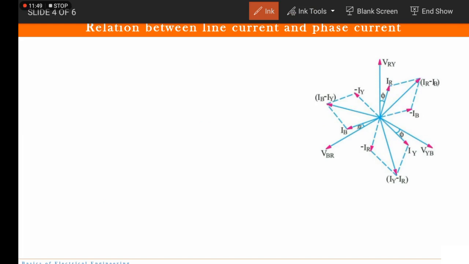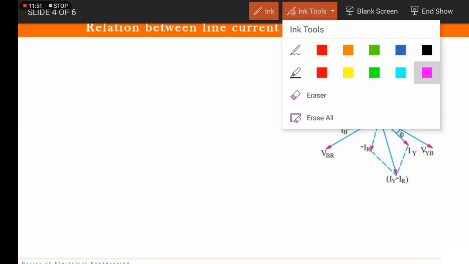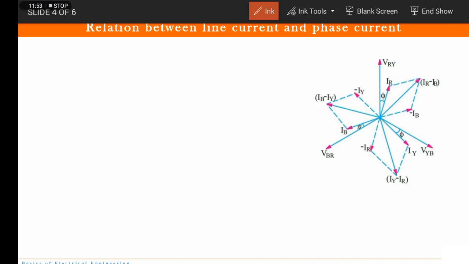Correct? Now what I am going to do is, here I am going to draw the node which is required for our calculation. Remember I told you that we will be requiring this later. So here comes the need. Now this is the node R. So what all currents did we have?